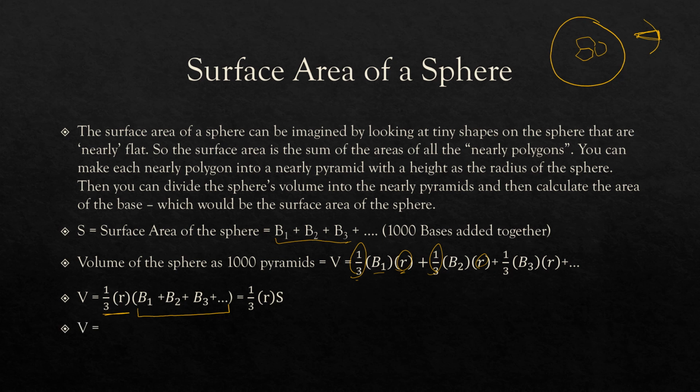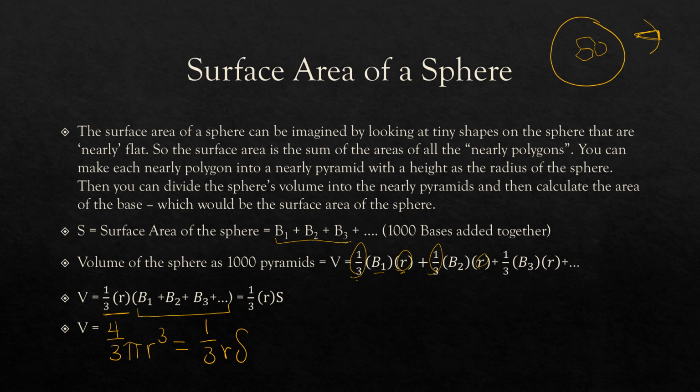And what do we know as the volume for the sphere? In our last lesson, we learned that that was 4/3 pi r cubed. So if we then set that equal to 1/3 r times S, maybe we could get rid of some of these and get S by itself.